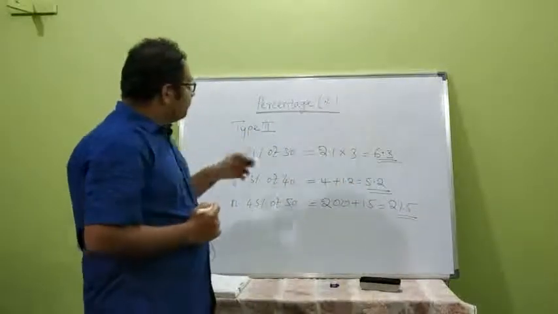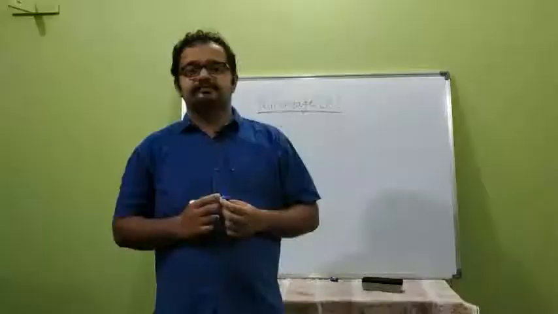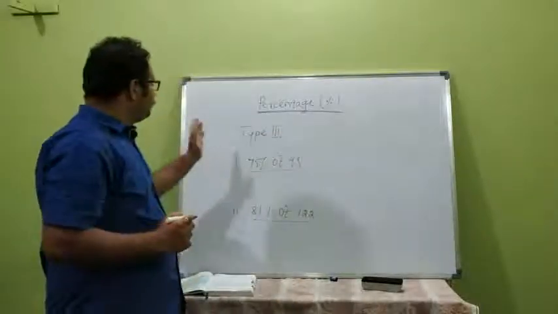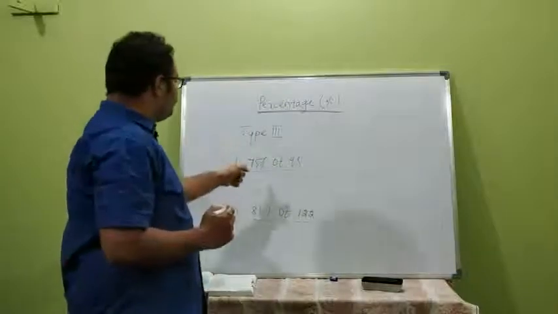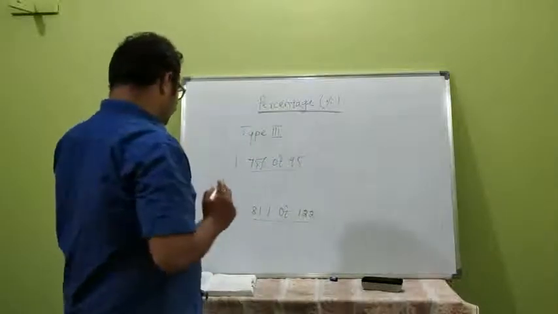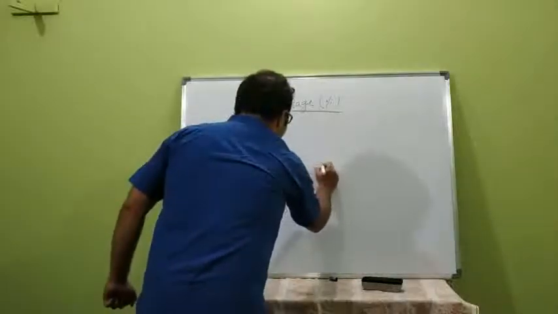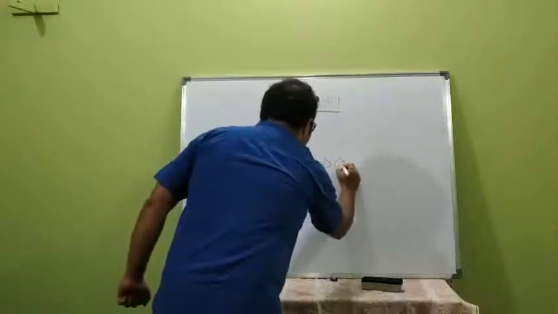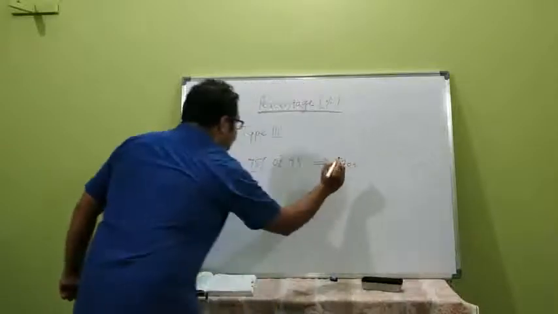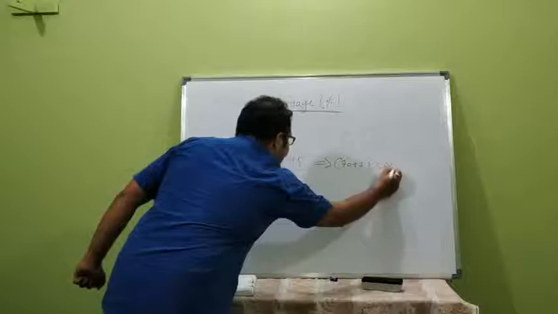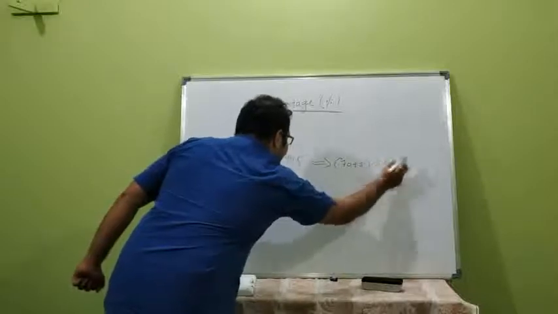Now we are going to take the third type of problem. Let's continue with the third type of problem. Consider the first problem, 75% of 95. In your mind, you can split it as 70 plus 5% of 95.